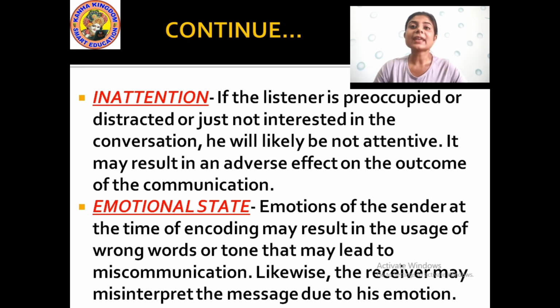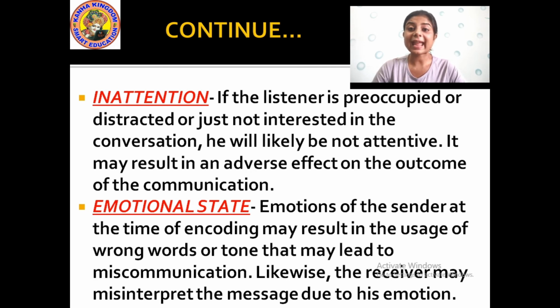Alright? Then emotional state. There is also a barrier, that is emotional state. Now, the emotion of the sender at the time of encoding may result in the usage of wrong words or tone that may lead to miscommunication. Emotional state means something which is related to the emotion of a person.